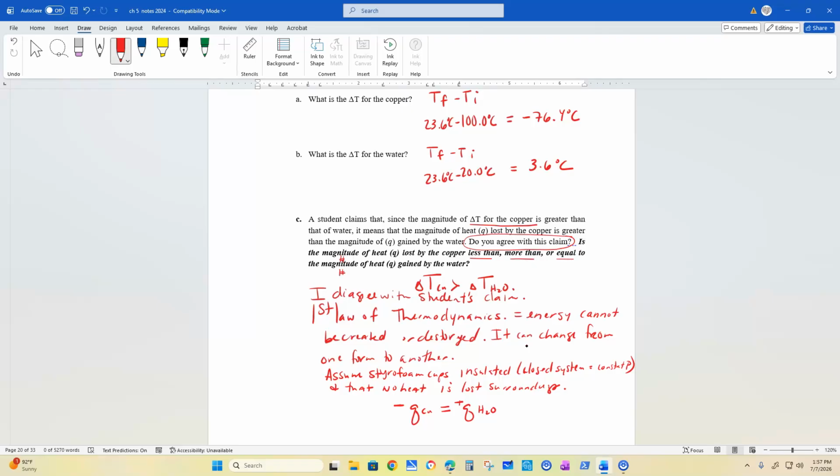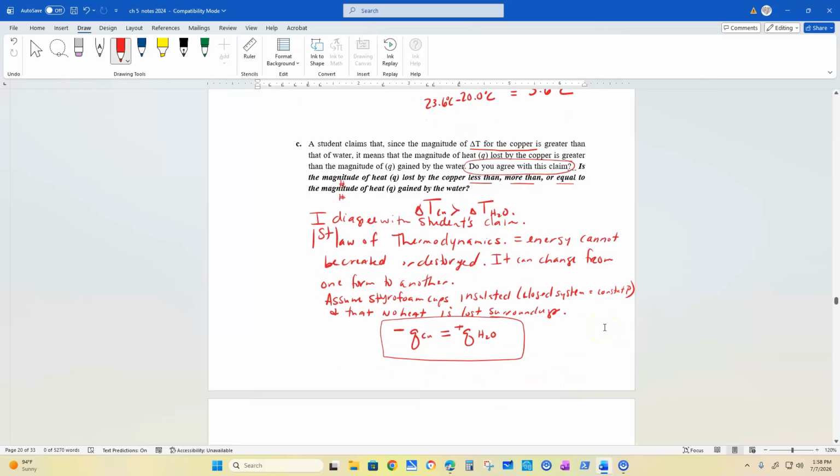So in this case, just because temperature was a bigger change for copper versus water, that doesn't mean that the heat values are going to be different. Because according to the law, whatever was lost by copper should be gained by the water. So I completely disagree with the student's claim.